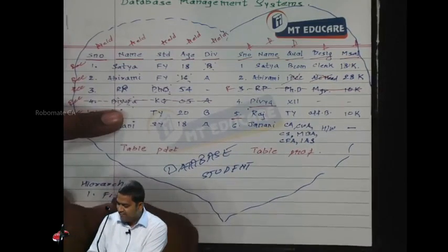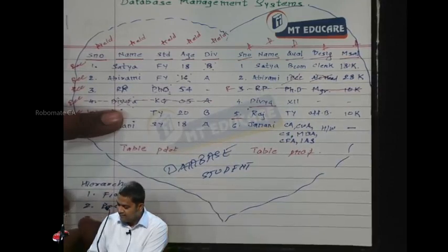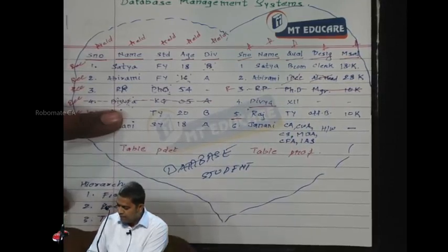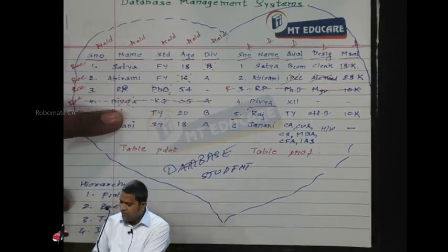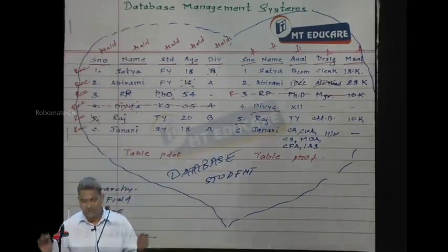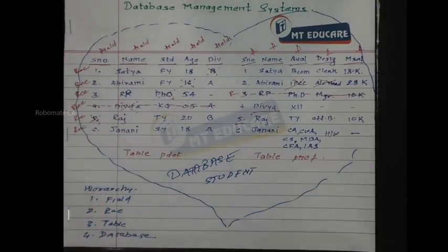First is a field, next is a record, then a table, and the fourth is a database. Now everyone knows what is a field, what is a record, what is a table, what is a database.